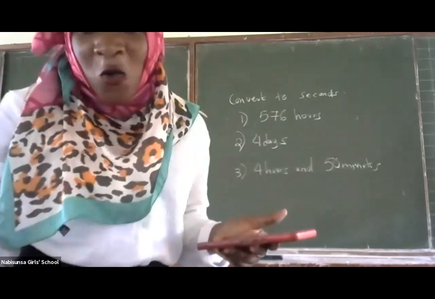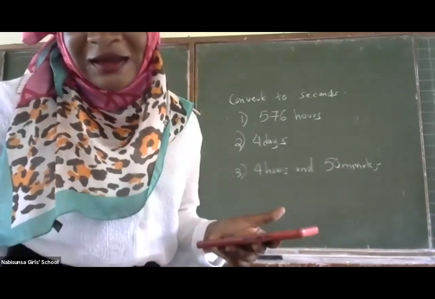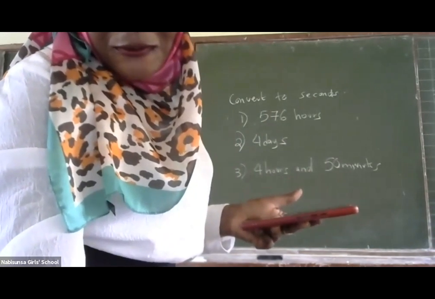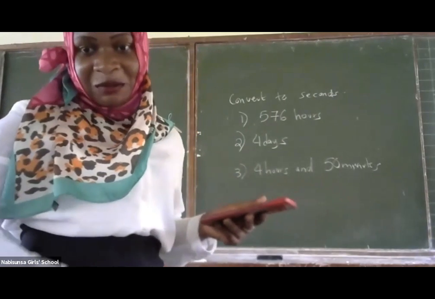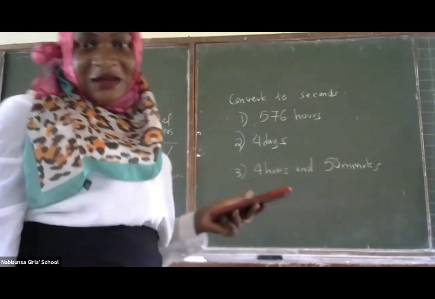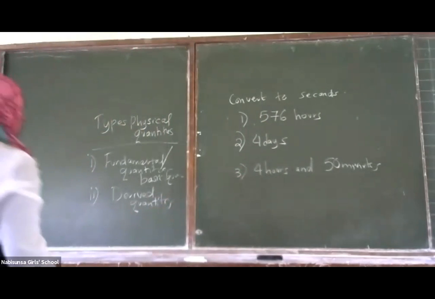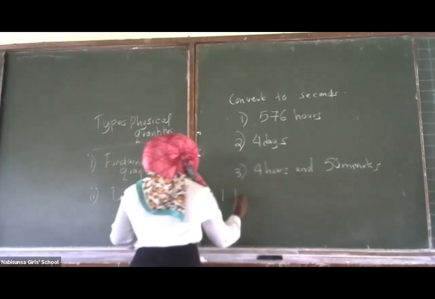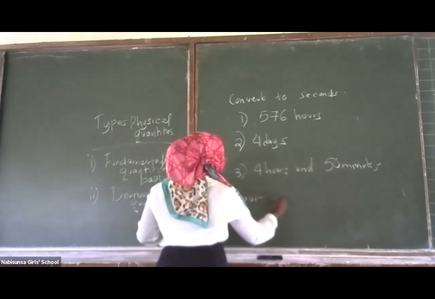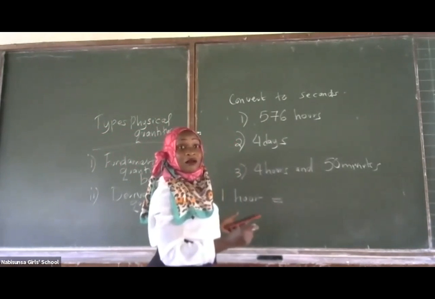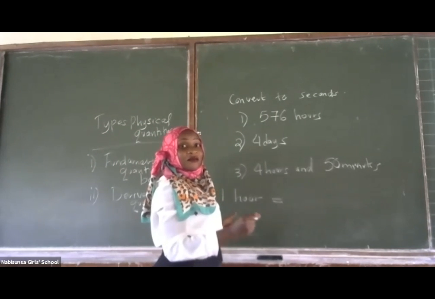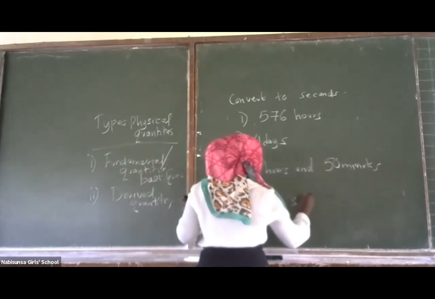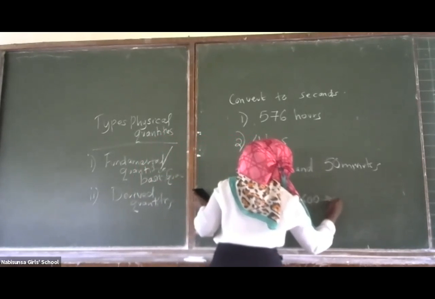Okay, the answers are running very fast. So for number 1, we see 1 hour. 1 hour had how many? 3,600 seconds.